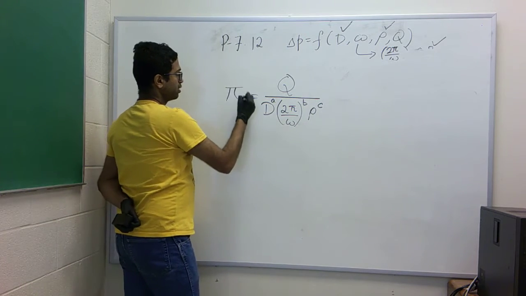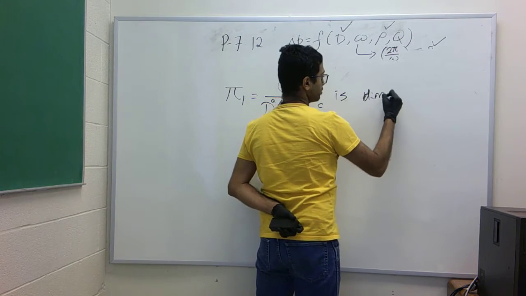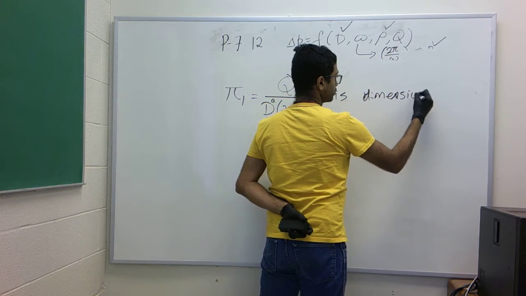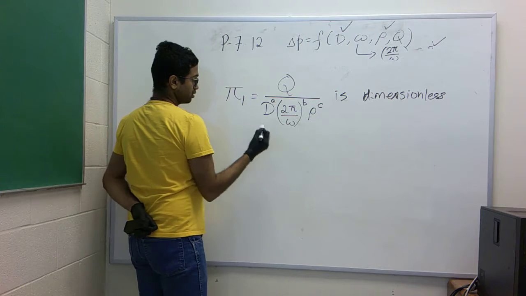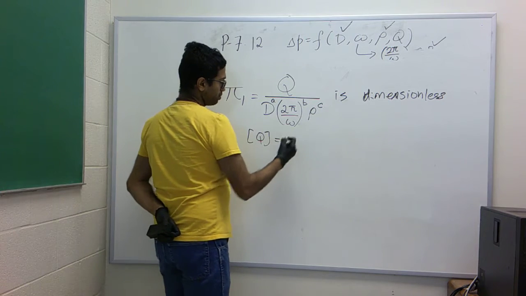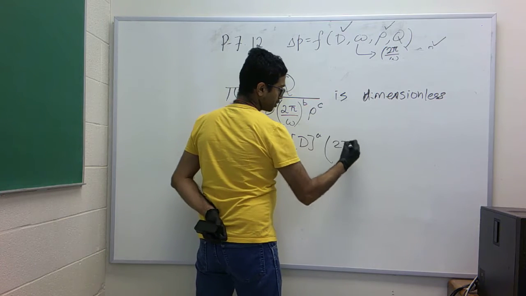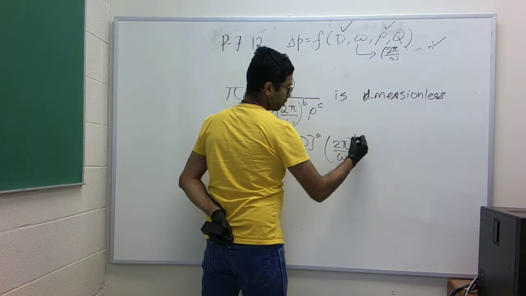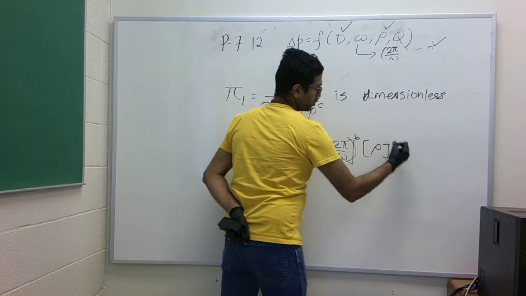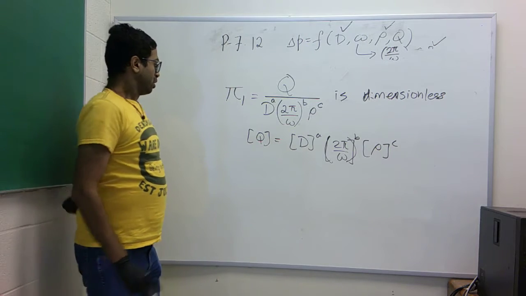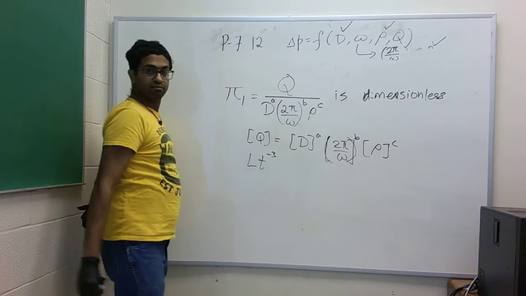is my pi 1, and that needs to be dimensionless. What does that mean? It means the dimension of Q should match the dimension of D to the power A, multiplied by the dimension of 2 pi over omega to the power B, multiplied by the dimension of rho to the power C. This is flow rate, length cubed T to the minus 1.